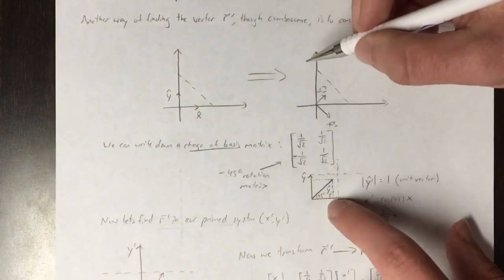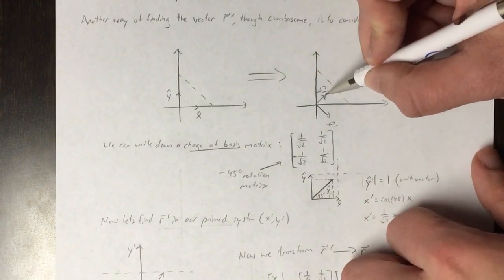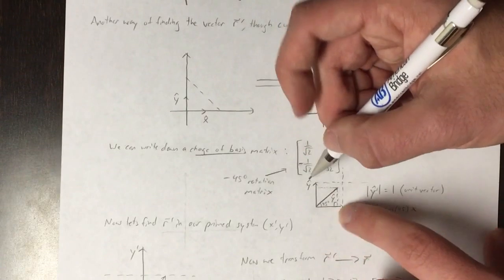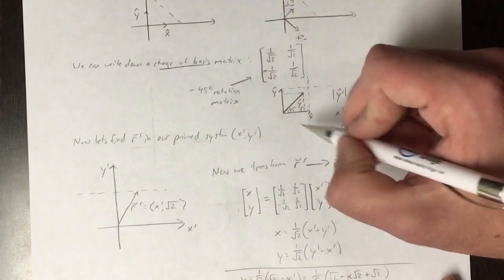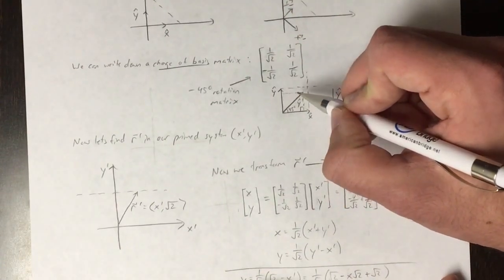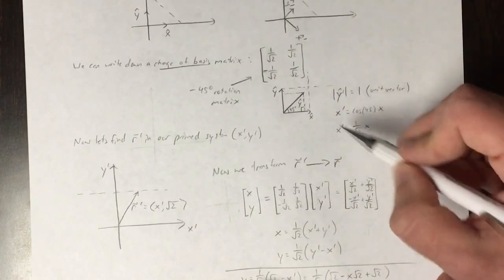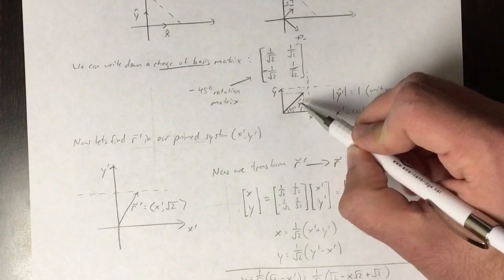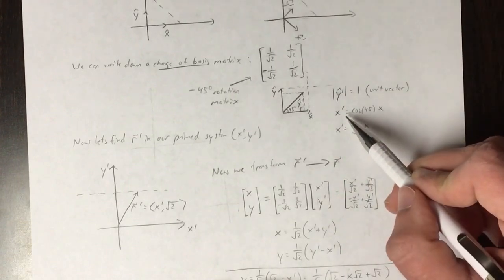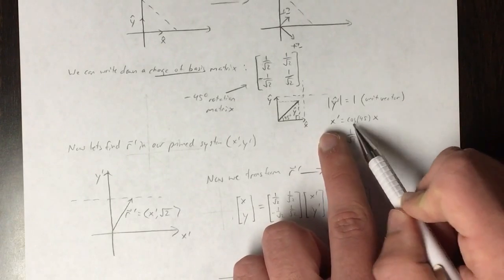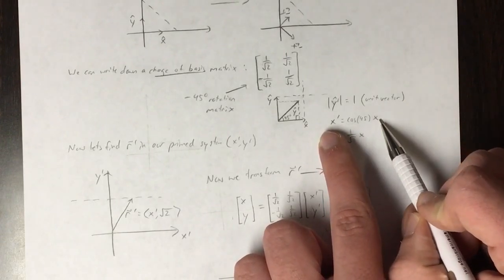Okay, so what I did down here with this drawing is I took this y vector and I drew it over here, and then I scaled that up. And all I do here is some trigonometry, and I just wrote down a general expression in terms of x's, even though this picture is in y's. But what I said, for example, is that x prime is cosine of 45 degrees times x.